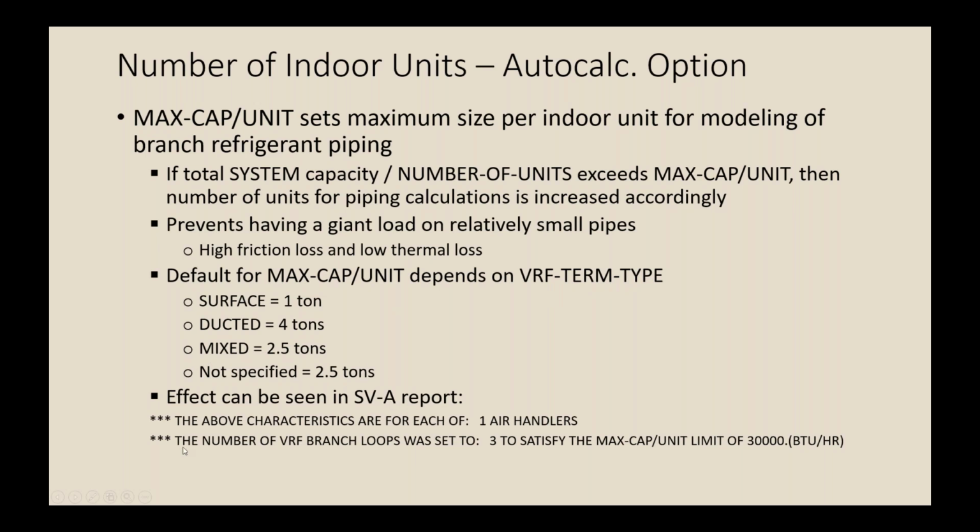And if the max cap per unit does have an effect on your model, you'll see a statement in the SVA report saying that the number of branch loops was set to some number based on the max cap per unit. I'll also mention that my very last slide indicates that this max cap per unit was overlooked in setting up the eQuest interface.